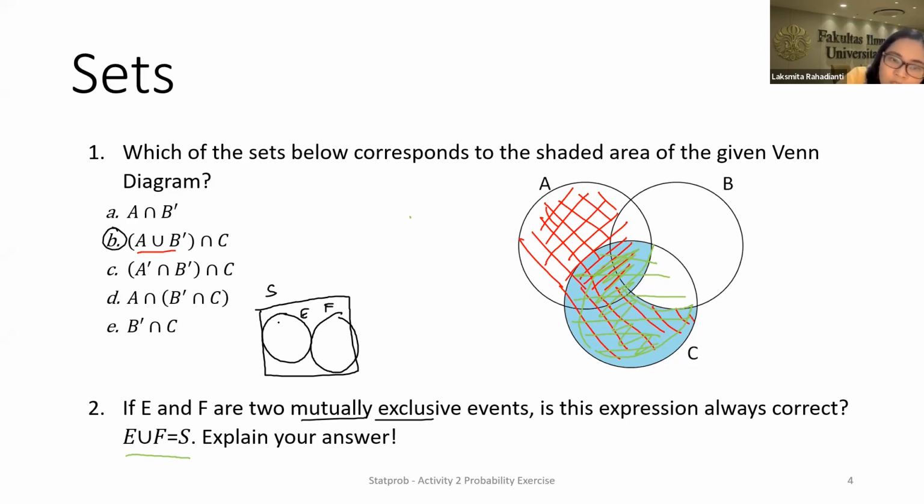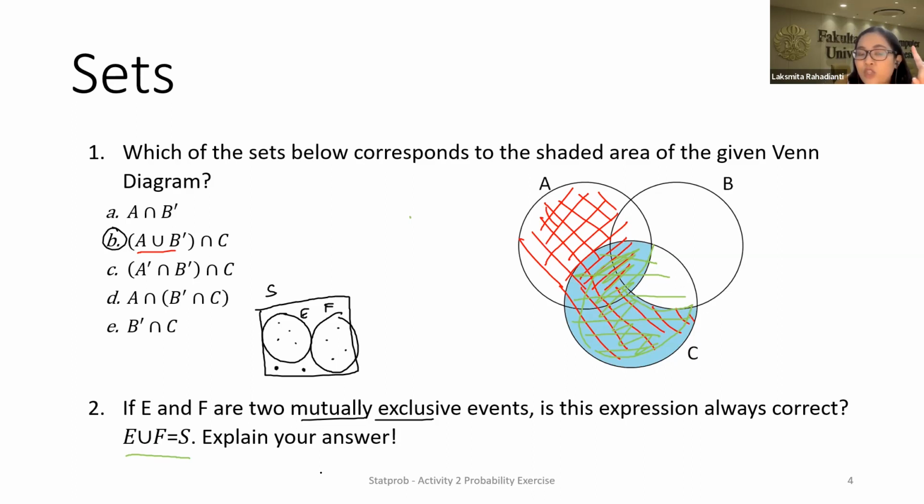So in other words, if I have E there and I have F there, would E joined with F encompass all of the members of S? Obviously, it depends. Are there any elements of S outside of here or not? So the mutual exclusivity does not ensure that the sum will be equal to the entire sample space.